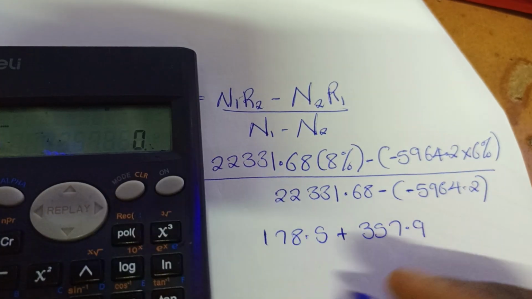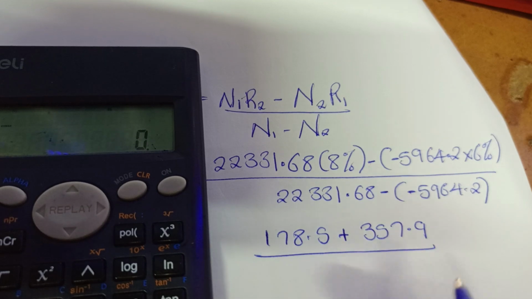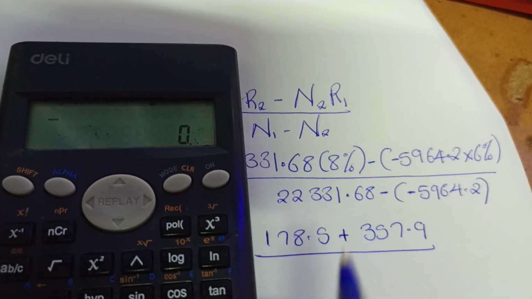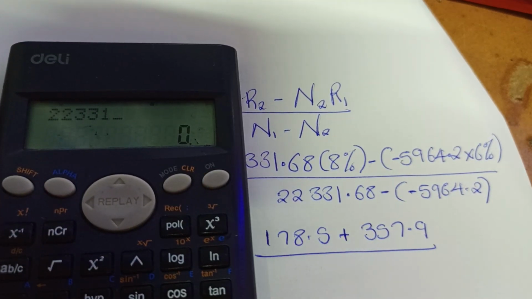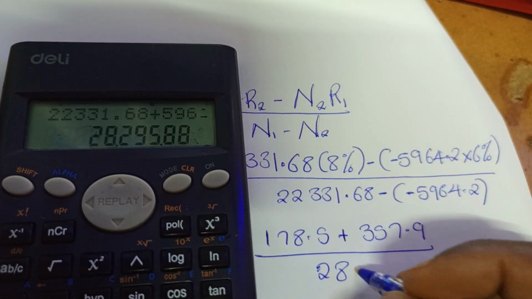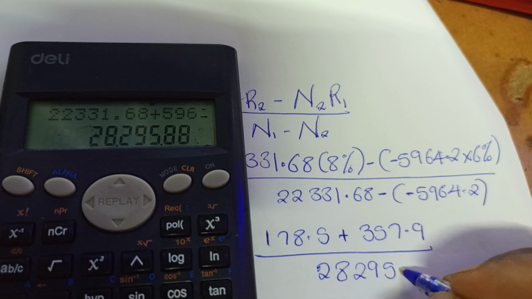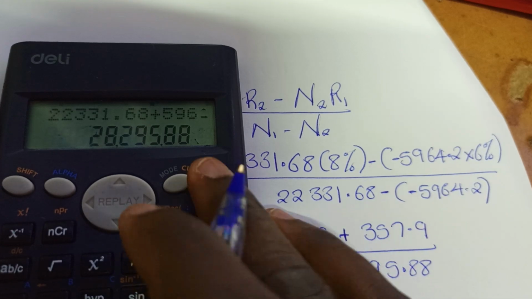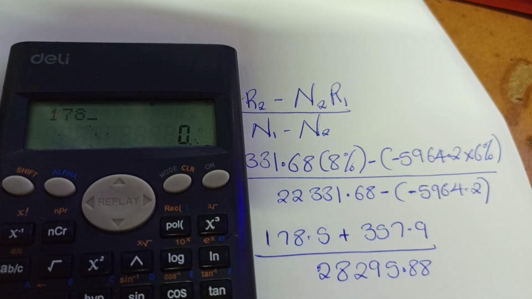You will have 357.9. Then from here, we just add the 2. Remember, negative times negative is positive. So 22,331.68 plus 5,964.2. When you add them, you will get your answer to be 28,295.88. Then from here, we just go direct: 178.5 plus 357.9.